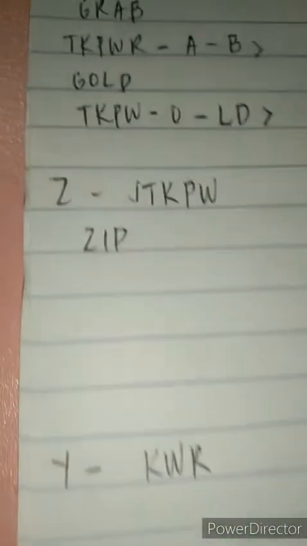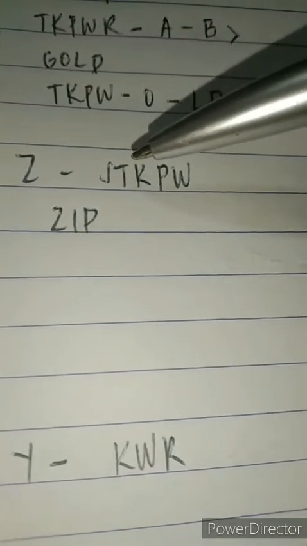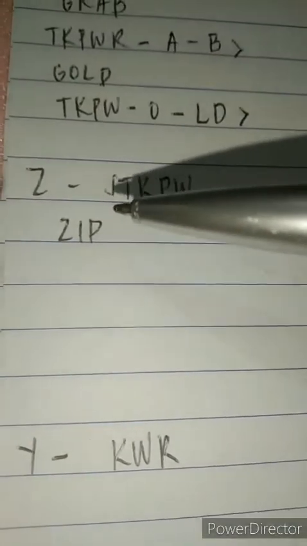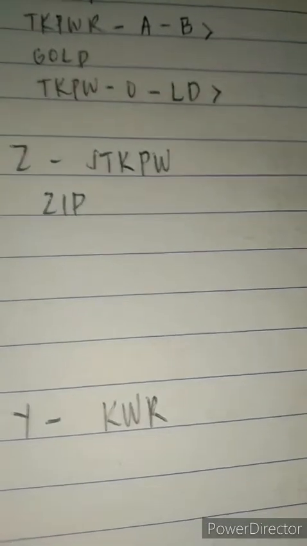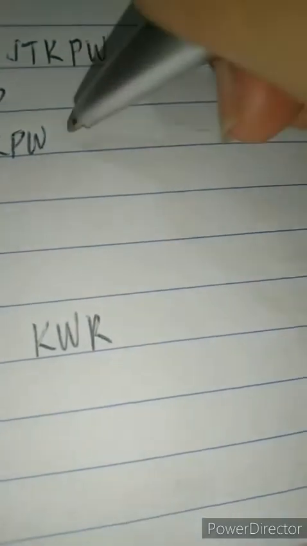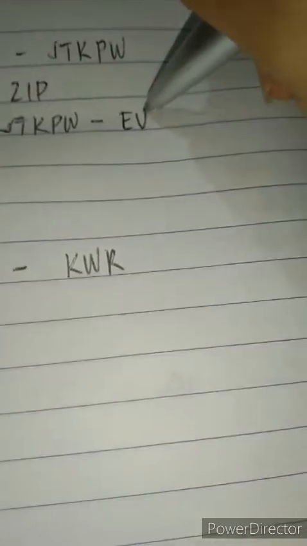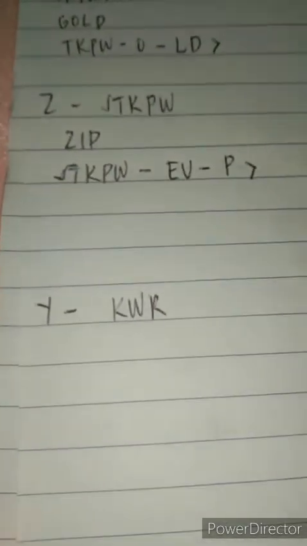Next letter is Z. Z is represented by STKPW. Itong first example na word na zip. So, zip, ganito po siya. STKPW, and then short I lang, and then P, and then release.